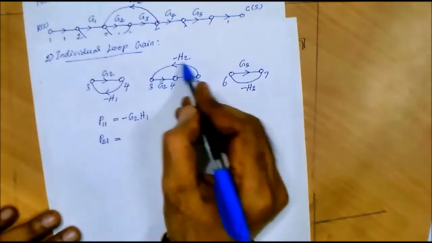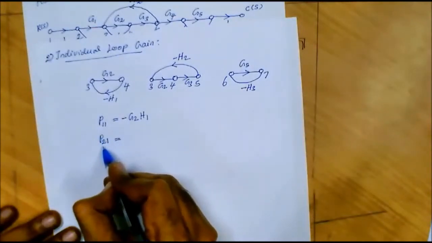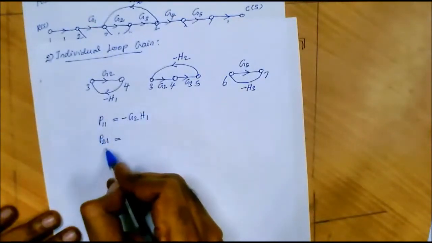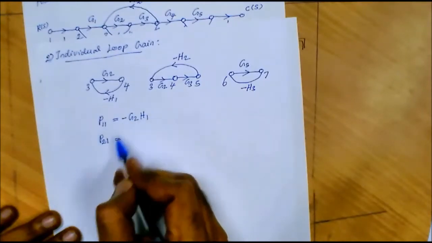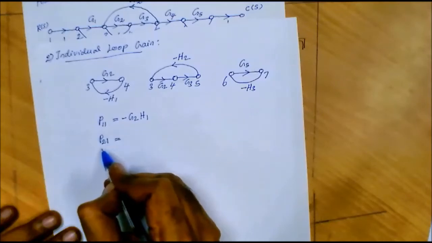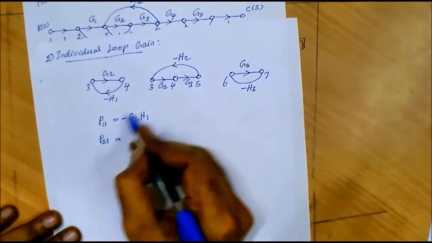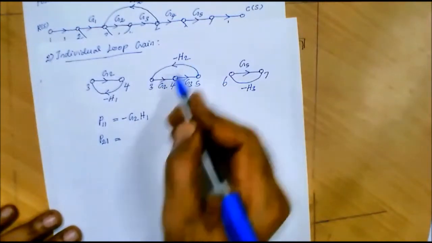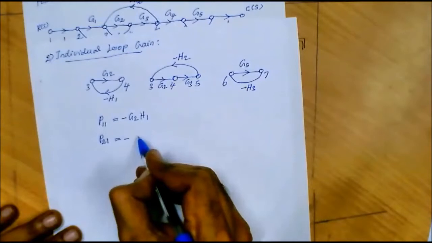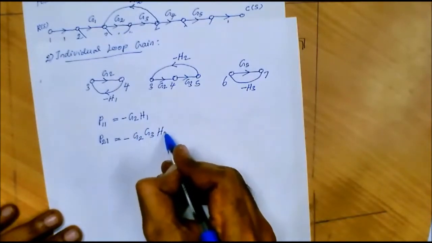For the second loop we write P suffix 21. The 2 represents the second loop and the 1 represents the individual loop gain. If we go for 2 non-touching loops, the second suffix becomes 2. Here the loop gain is equal to G2 into G3 into minus H2, so we can write it as minus G2 G3 H2.